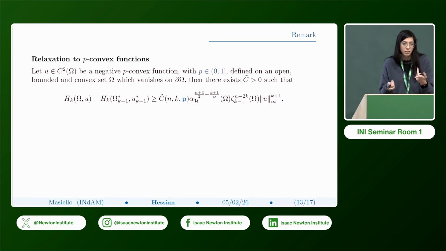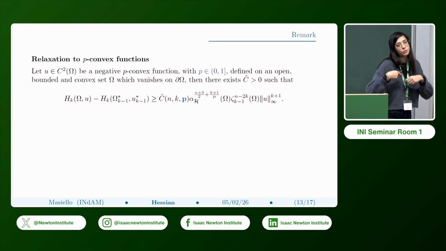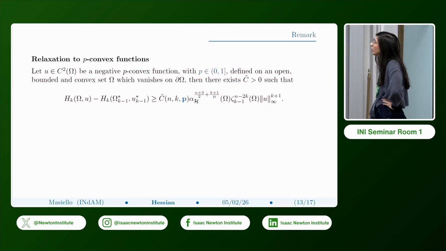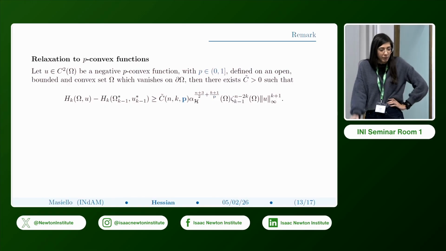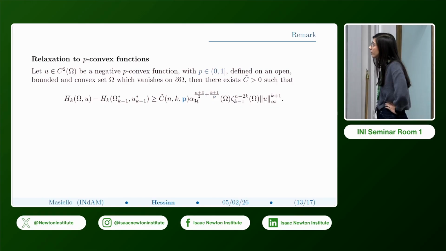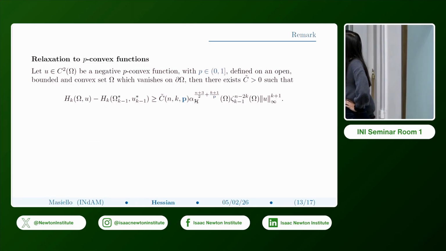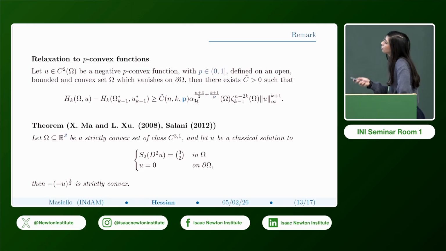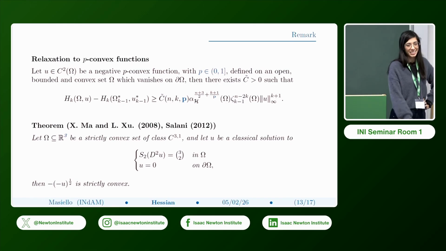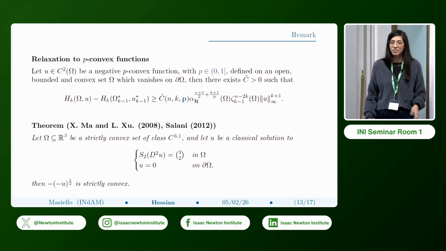What does it mean? That when you take the function and you raise it to the power p, it becomes convex. And so for instance, this applies to the solution to this equation in R^3. And so I think that I can stop here. Thank you for your attention.